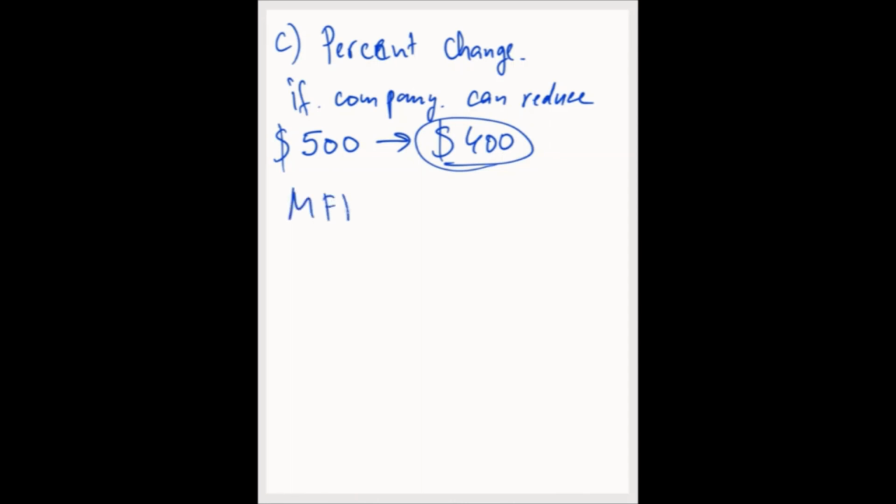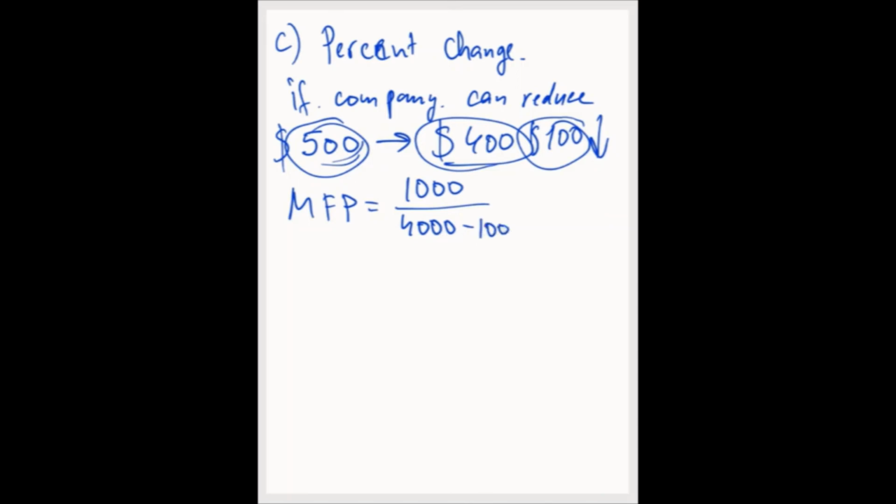So we have multifactor productivity 1000 bottles over 4000 total input. So as you can see, this from 500 to 400, it is a $100 reduction. So we have to subtract 100 from 4000.